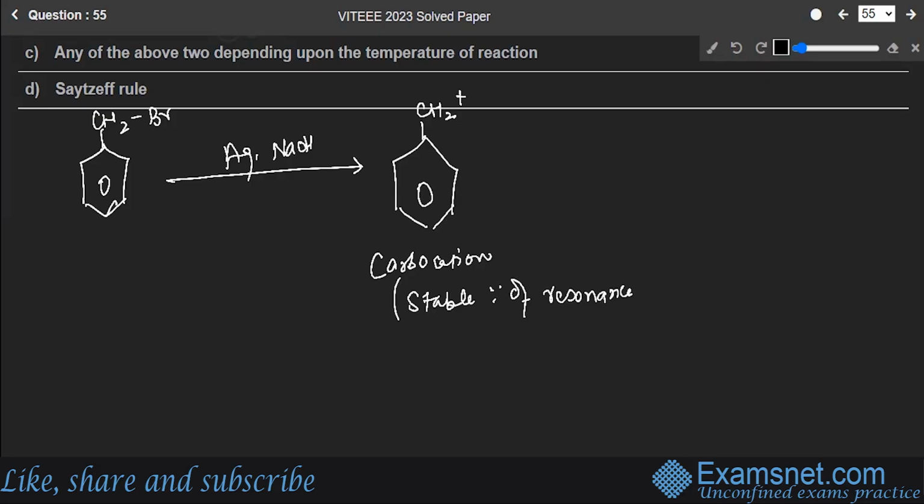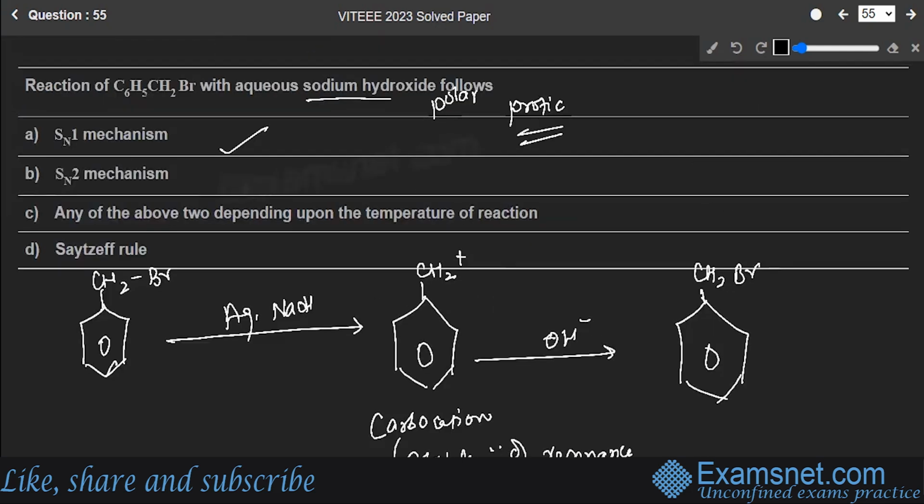And as we know, the stability of the carbocation is directly proportional to the SN1 mechanism, hence the reaction will follow the SN1 mechanism. Let's complete it. Here will be OH negative. So on completing it, it will be the same CH2OH. So this is the SN1 mechanism, and the first option is the correct answer to the question.